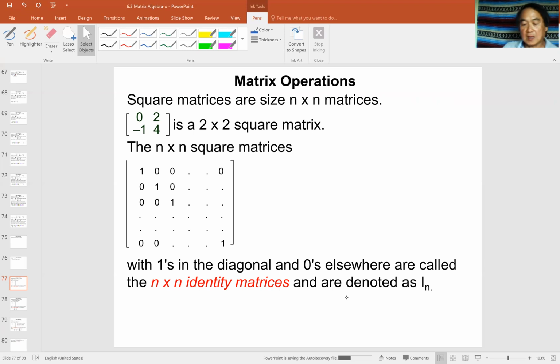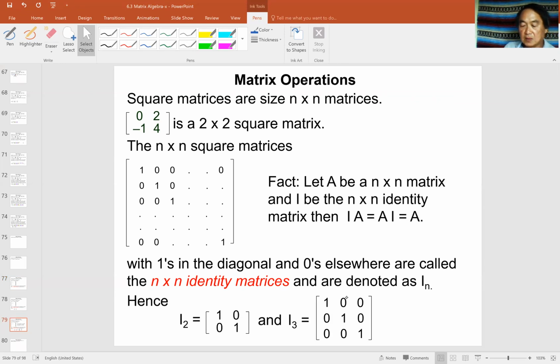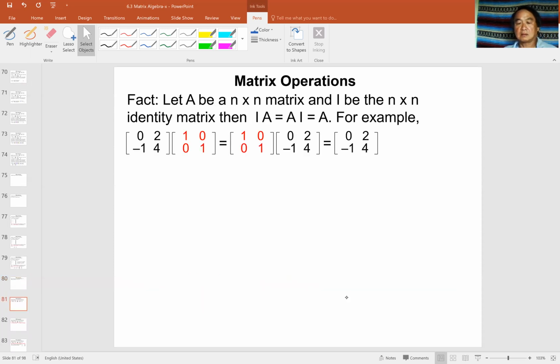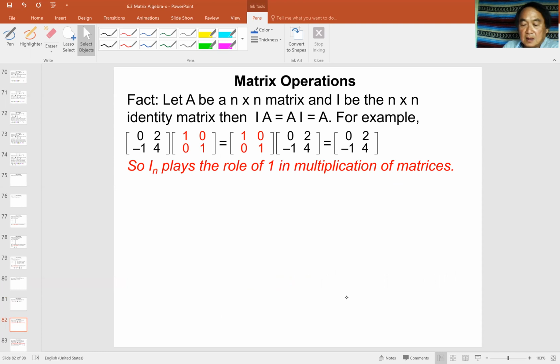In other words, I multiply any matrix by this identity matrix, I get back the matrix itself. The 2 by 2 matrix multiplied by the 2 by 2 identity, I get back the matrix. You can check this with 3 by 3 matrices times the 3 by 3 identity. They replace the role of the number 1 for multiplication of numbers.